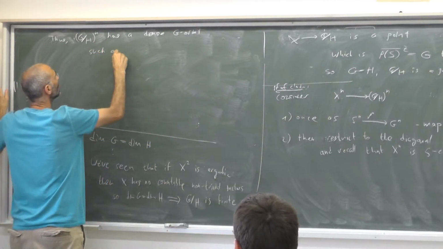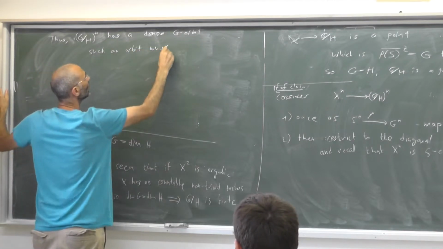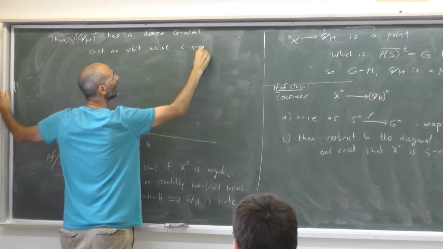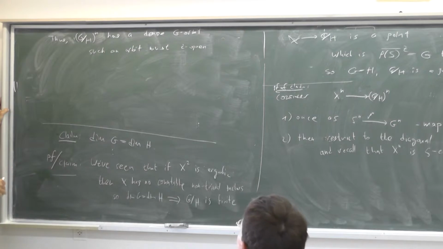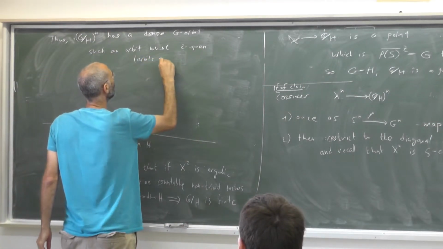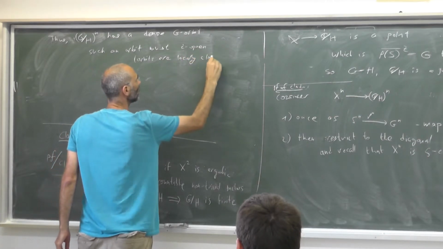Such an orbit must be open. Remember, every orbit is locally closed. It is closed in its orbit. Orbits are locally closed, so it is open in its closure, which is everything.